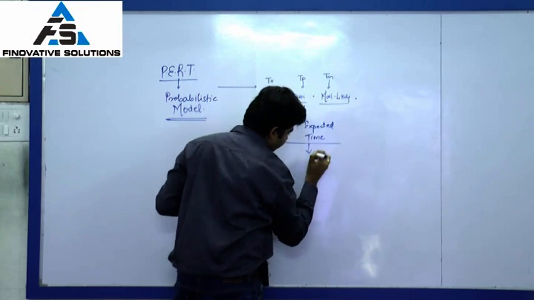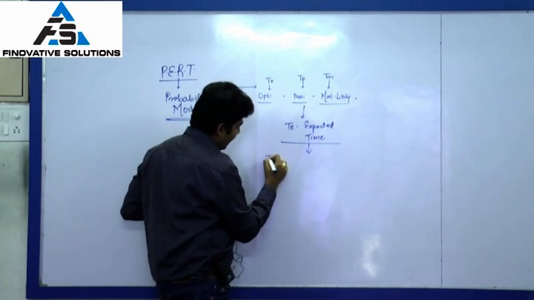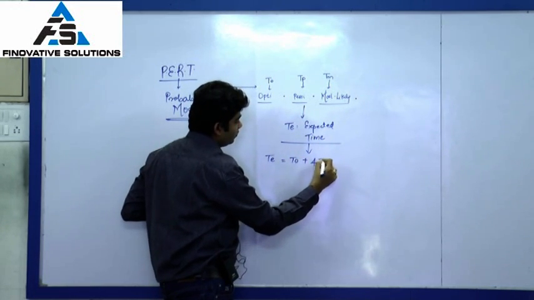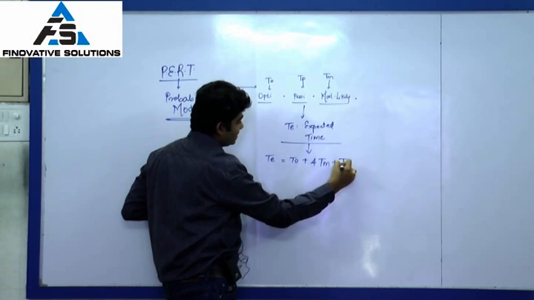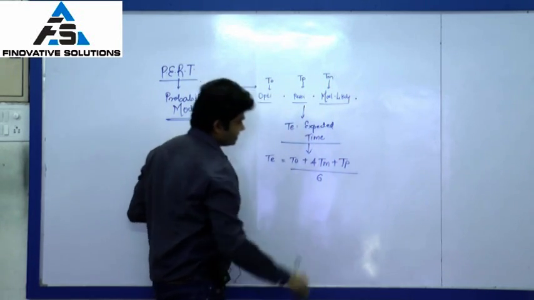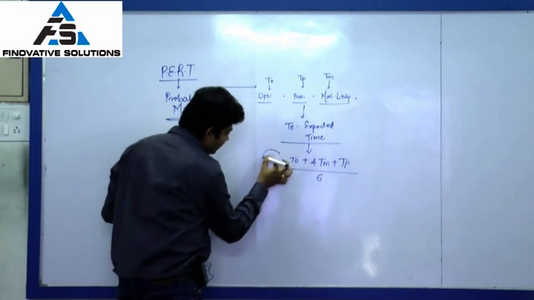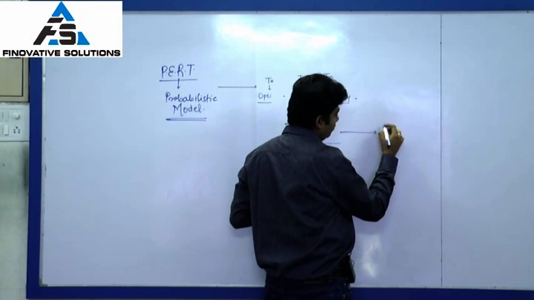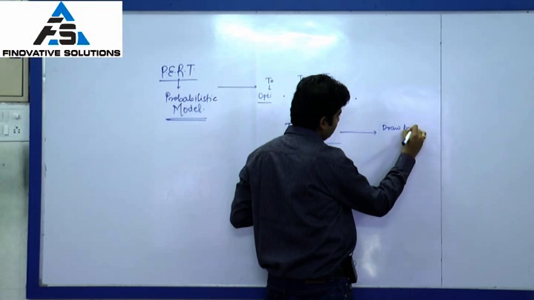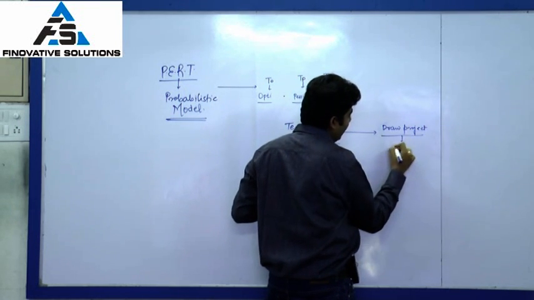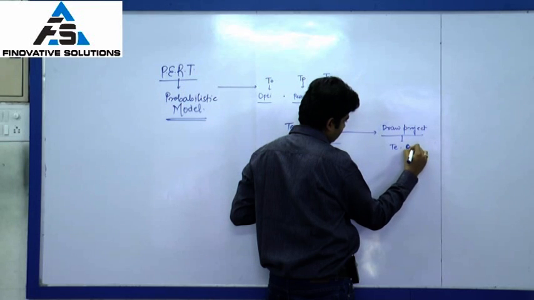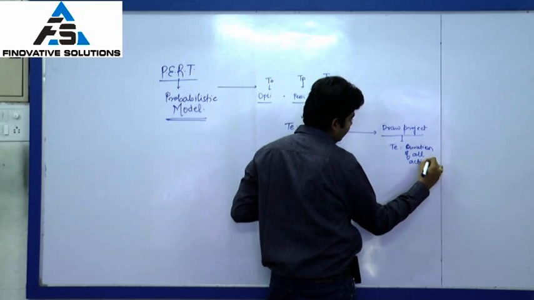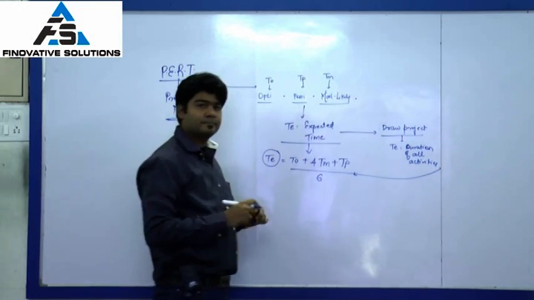This expected time will be calculated as TE is equal to TO plus 4TM plus TP, upon 6. Based on this TE, we will draw the whole project, taking TE as our duration of all activities, calculated individually using this formula.